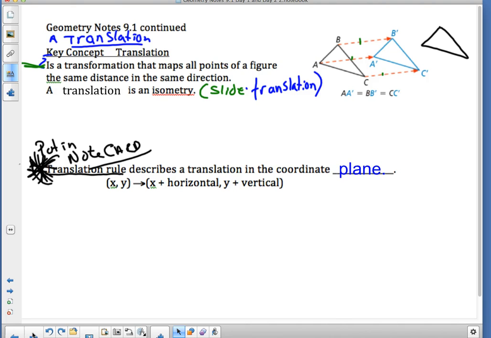If I move X to the right, I'm just adding whatever I'm moving. So if I move to the right 2, I'm going to add 2. If I move to the left 8, I'm going to subtract 8. If I move up or down, I'm going to do that to the y value. If I go up, I'm going to add to the y. If I go down, I'm going to subtract from the y. So we need to know those connections.